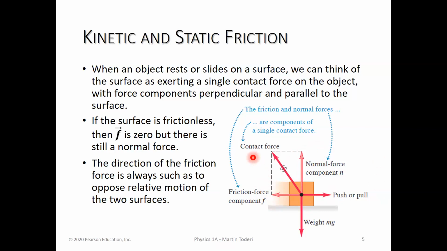If we want to define a contact net force, that would be the sum of those two forces, right? The normal force and the friction force. So when we're talking about contact force globally, we are talking about normal force and friction force, because those two forces are due to the contact between those objects.